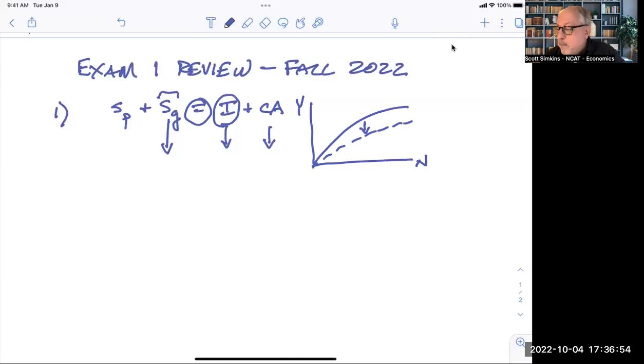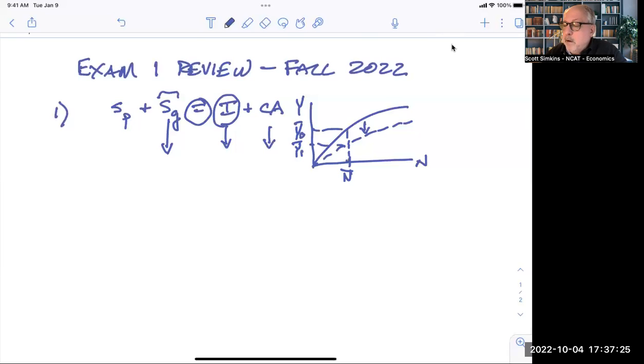But that would, by itself, for a given level of N, a given level of employment, lead to lower potential GDP than there otherwise would have been in the economy. So that's why bigger budget deficits are potentially bad for the economy. They could crowd out private investment in capital, which leads to slower growth in the economy.